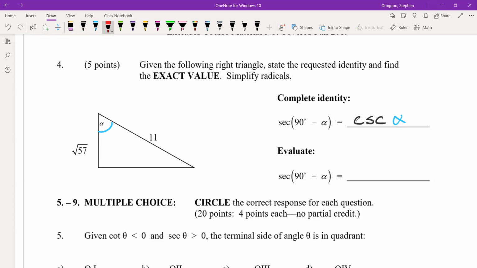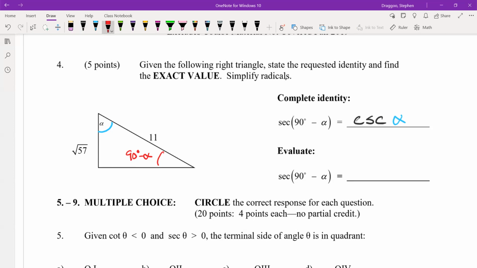And to complete this diagram, 90 degrees minus alpha is this red angle in the lower right corner of the triangle, while alpha itself is the blue angle in the upper left.